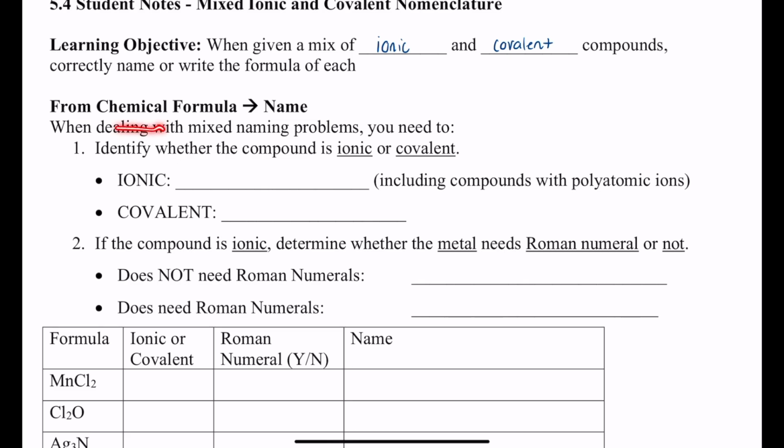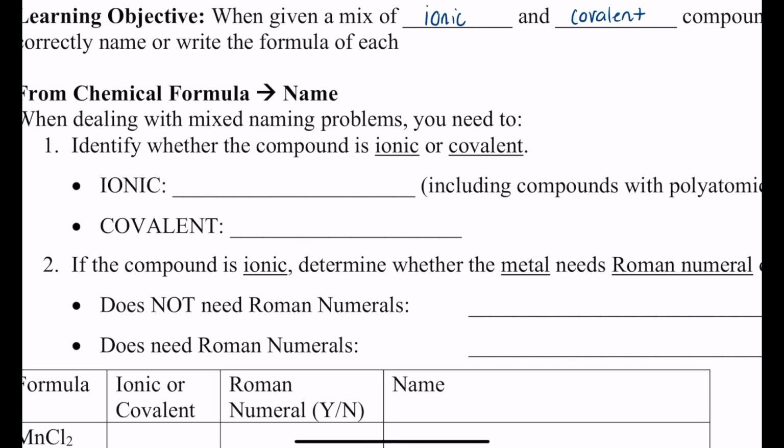Whenever you're looking at a chemical formula and you're trying to name it, the most important thing you want to do here is, first of all, identify whether the compound's ionic or covalent, because there's completely different naming rules for the two. You know it's going to be an ionic compound if you have a metal and a non-metal.